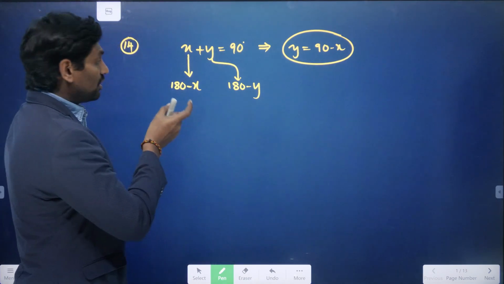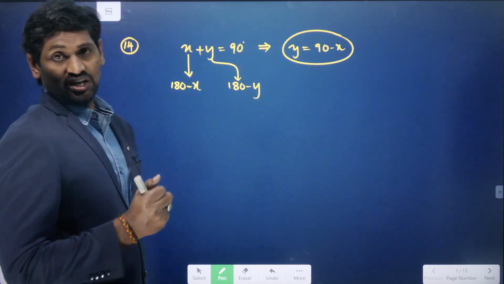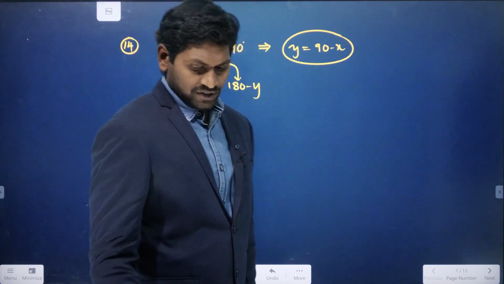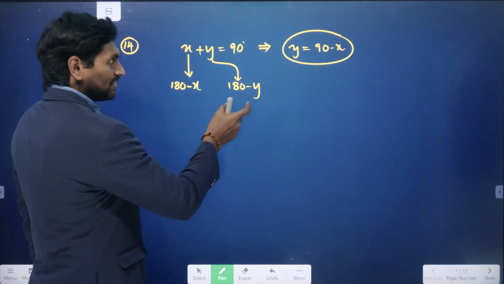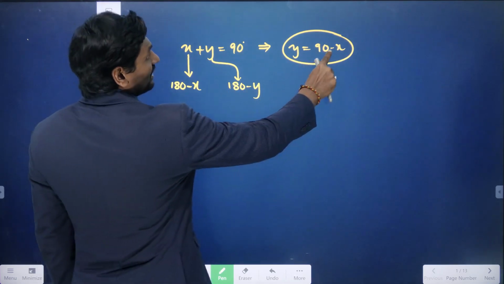Or we can directly go through the options also, that is different. Now, in the place of y, I can write 90 minus x.